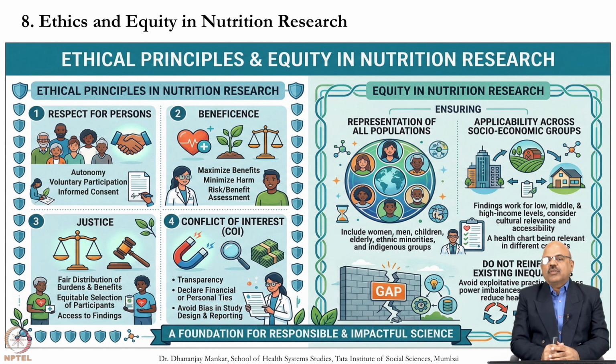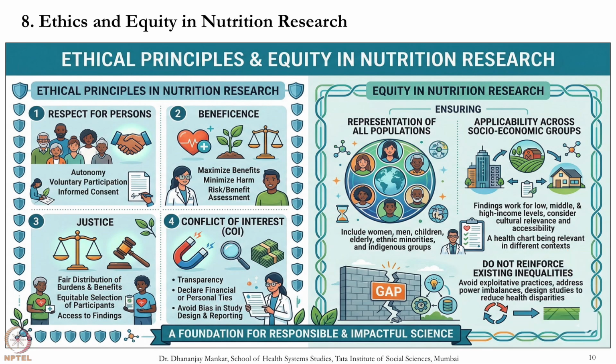Equity in nutrition research should represent all population age groups, not ignoring minorities, especially ethnic minorities, the elderly population and children. Applicability across socio-economic groups should give accessibility prime importance, especially for lower, middle and high income groups, where the benefit should not be focused only on the urban population while ignoring the rural population.